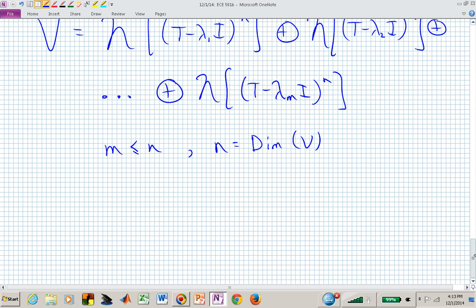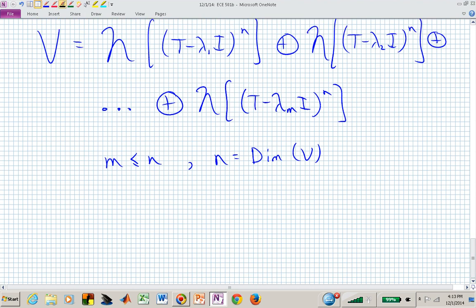Just for future reference, I may be using another variable, little d sub i, and I'm going to define that to be the dimension of the null space of T minus lambda sub i to the n.